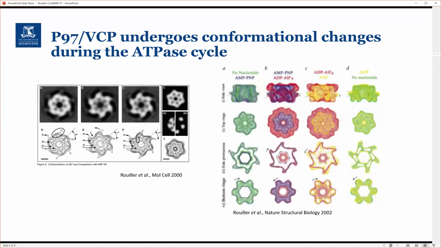Then a few years later, I published some low resolution 3D structures, again showing the dynamic properties of the change of conformation of this complex during the ATPase cycle. This work was quite seminal at the time because it was the first member of a large class of proteins, the AAA ATPases, to be studied by cryo-EM.